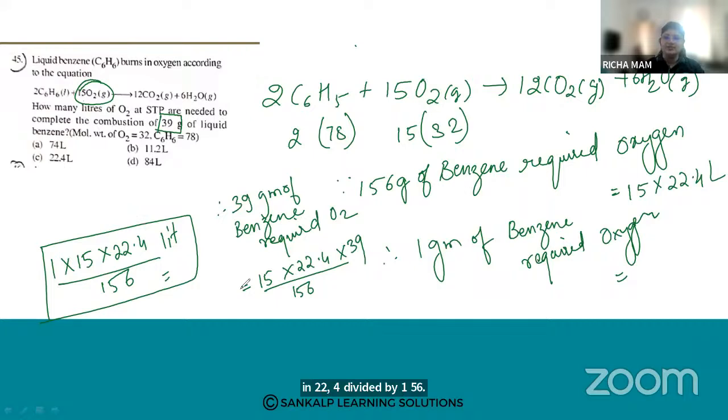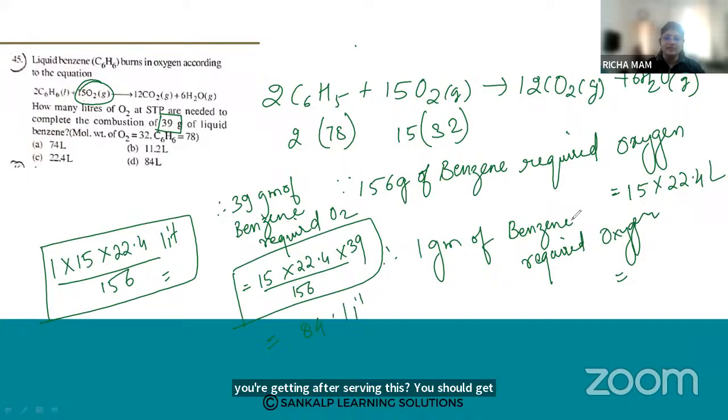Now check, you will get the answer. How much are you getting after solving this? You should get 84 liters. Are you getting 84 liters? Yes. Neeraj, Vamshi Krishna, Bhuvan have answered it as D.